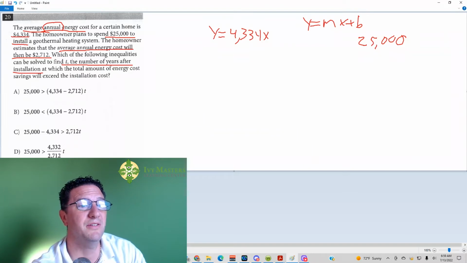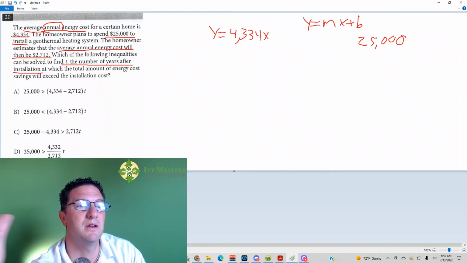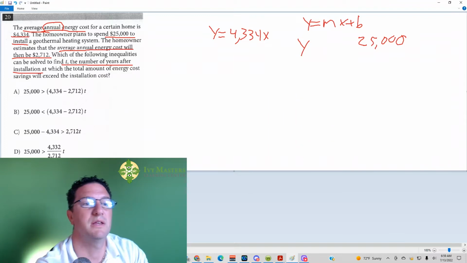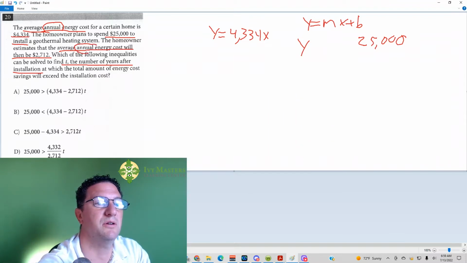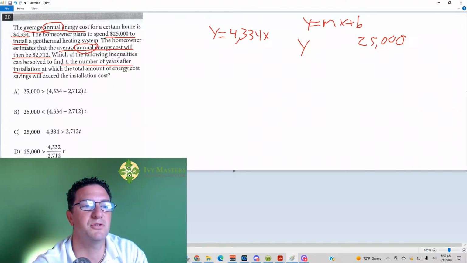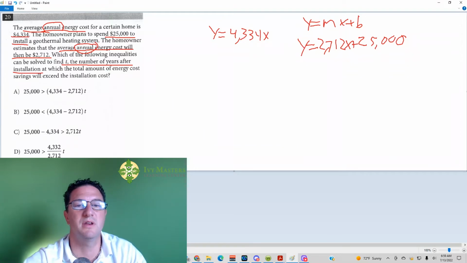The homeowner estimates that the average annual energy cost will then be $2,712. So again, we've got the word annual here. And again, if it said weekly or daily or per or each or every, same thing. So now we've got y equals 2,712x plus the 25,000.